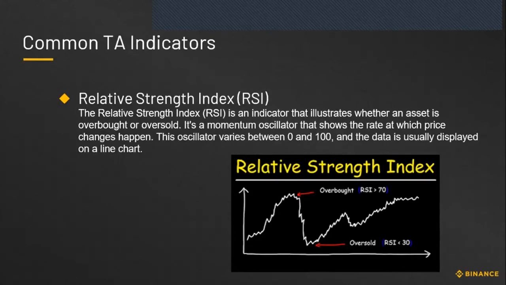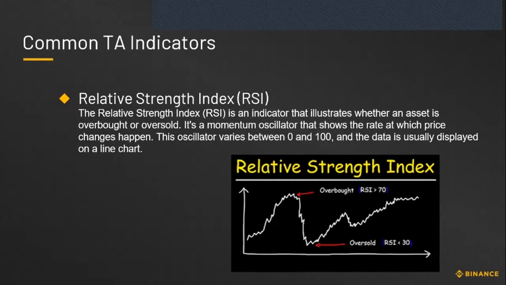This oscillator varies from 0 to 100. If you look at it from here, you can see that the data is displayed on a line chart. Can you see it now? I don't know if you can see my mouse. Okay, on a line chart.